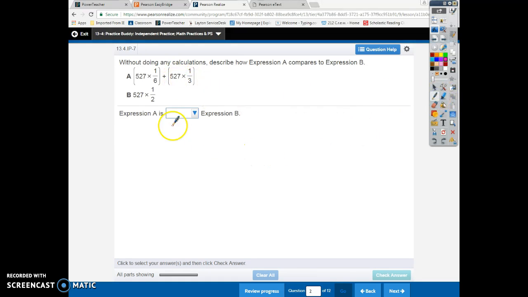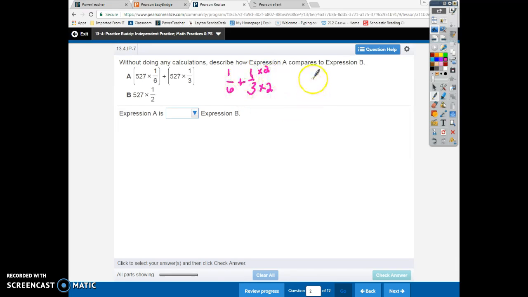For problems like these, guys, I want you to focus on the fractions. If we did 1/6 plus 1/3, I would need to find a common denominator, and a common denominator is going to be 6. That means I would have to change 1/3 into sixths by timesing my denominator by 2 and my numerator by 2.